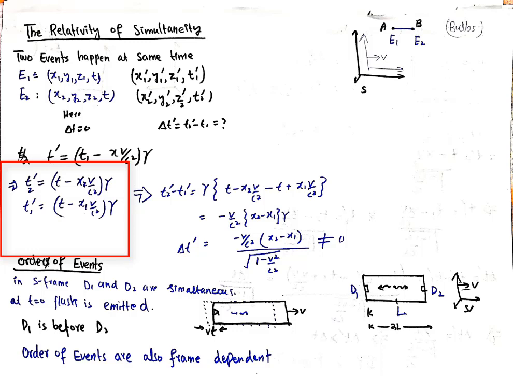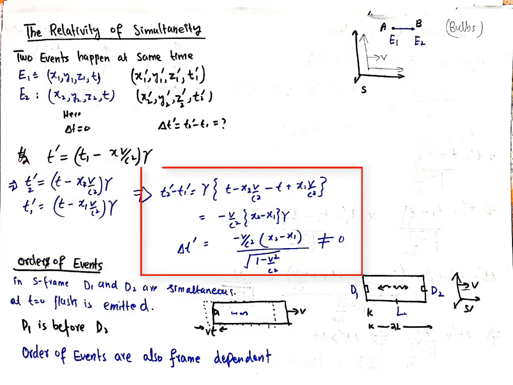So I can find the time interval t2 prime minus t1 prime, and gamma can be taken as common. This gives gamma times (t minus x2 v by c squared minus t plus x1 v by c squared). The t minus t cancels out, and we are left with minus gamma v by c squared times (x2 minus x1).